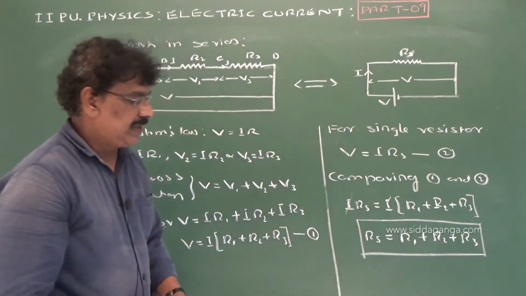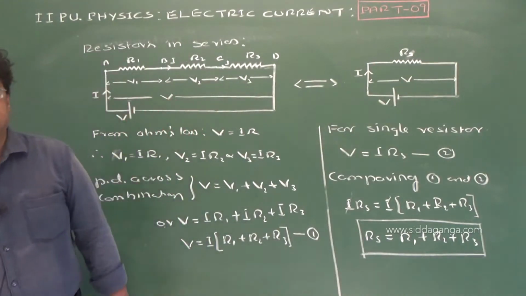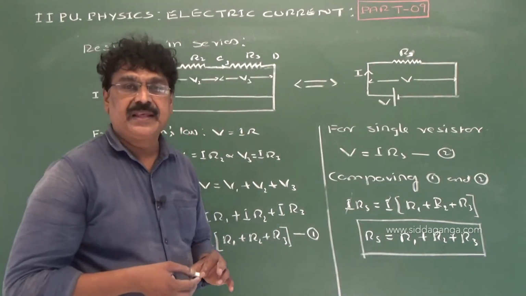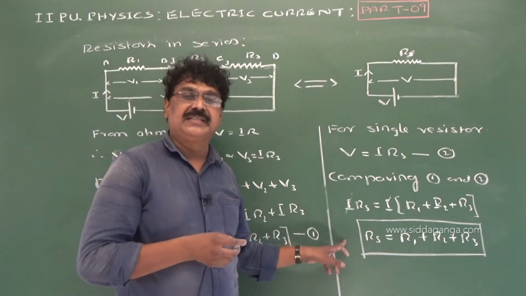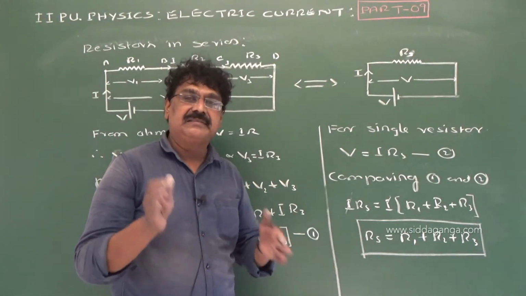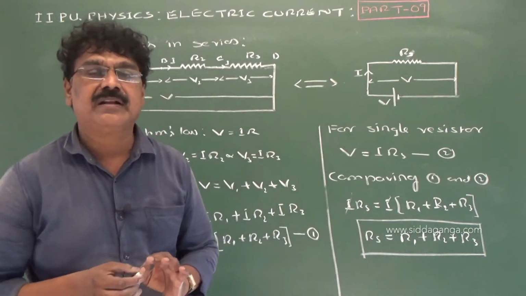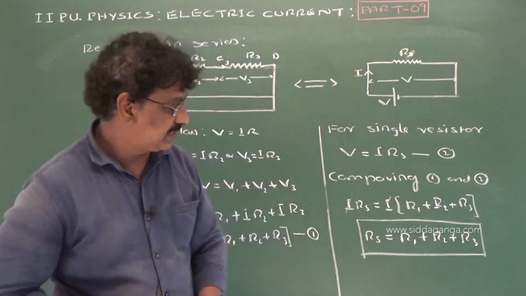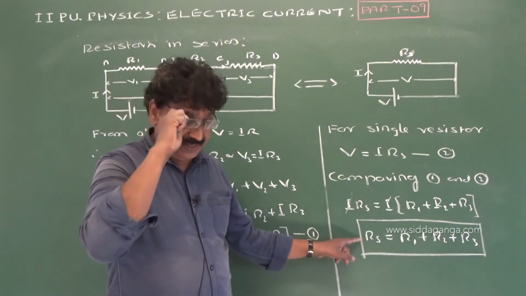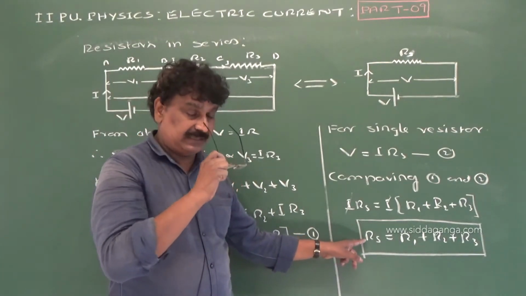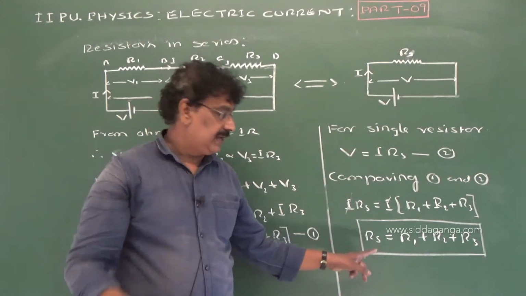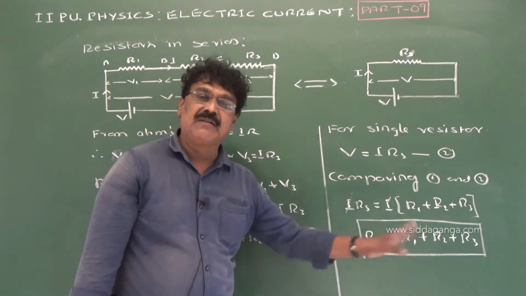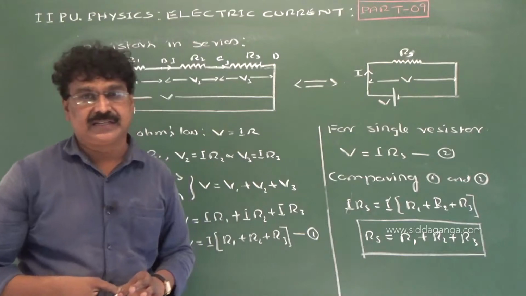Now this is the expression for equivalent resistance of three resistors R1, R2 and R3 connected in series. See here, the effective resistance RS is equal to the sum of the individual resistances.